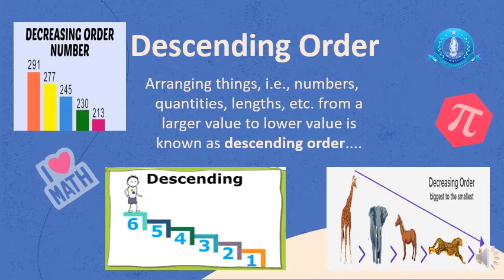Descending starts with D. D for down. So now here you have to move from big to small. When you are on 20th stair, you have to come down to first stair. So this pattern will be descending order when you are moving from big number to small number. Right?